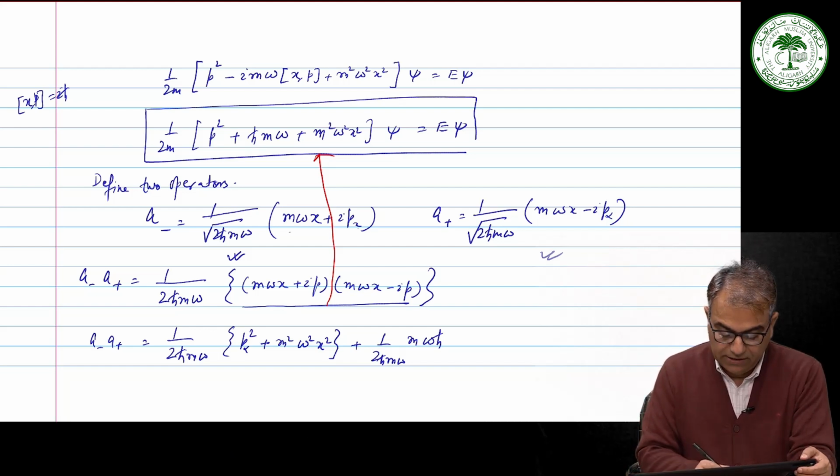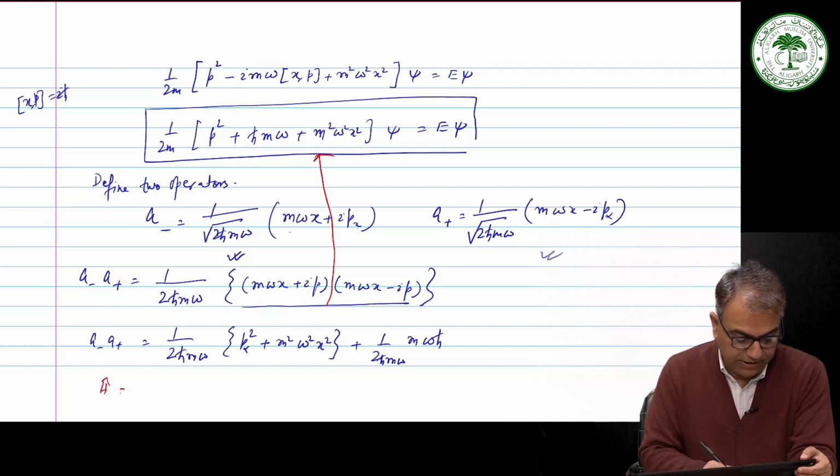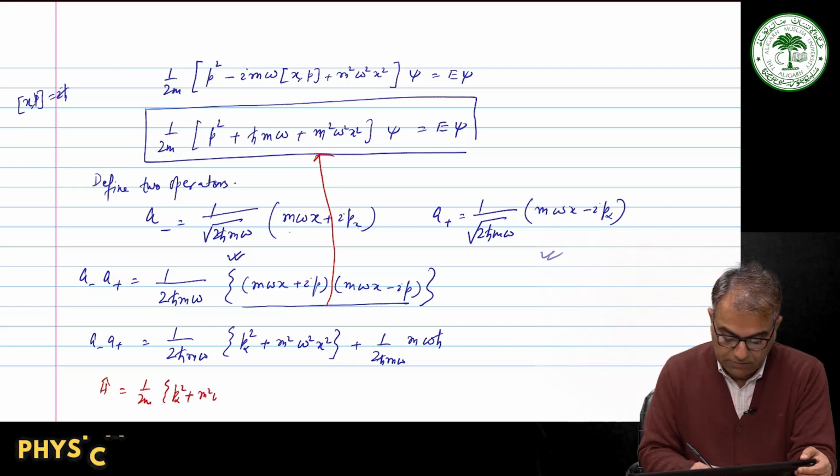And this we can write as 1 by 2 h cross m omega, p x square plus m square omega square x square. What is this? Now, you remember the Hamiltonian we have written as 1 over 2 m, p x square plus m square omega square x square.